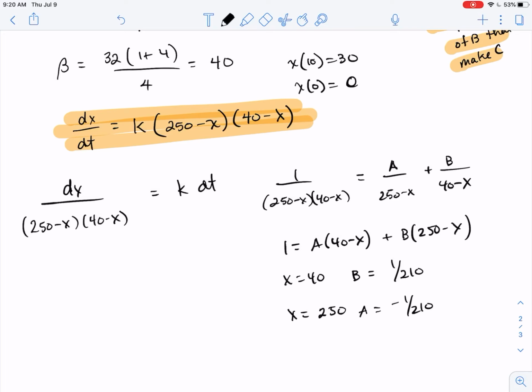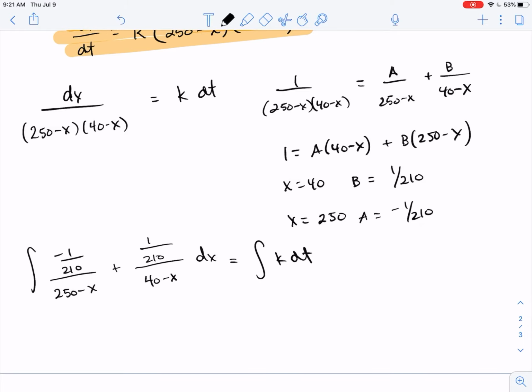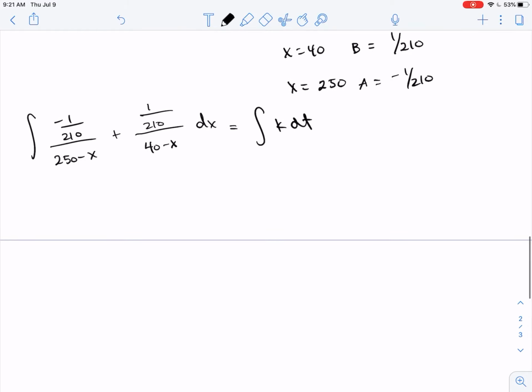Now let's use those values. I'm going to do the integral. A was negative 1 over 210 times 1 over 250 minus x, plus 1 over 210 times 1 over 40 minus x, dx, equals the integral of k dt. Let's pull out the 1 over 210.